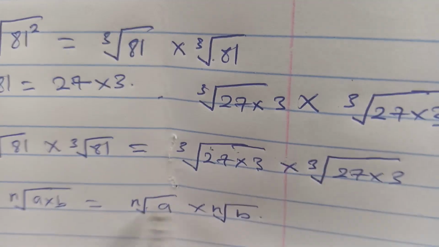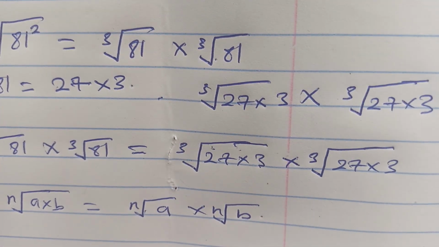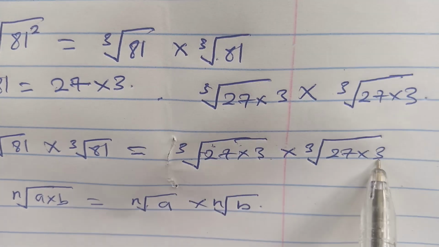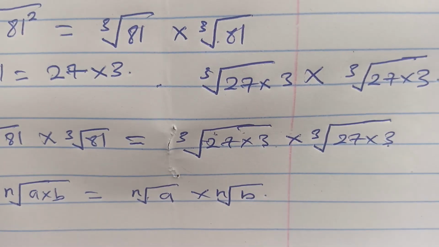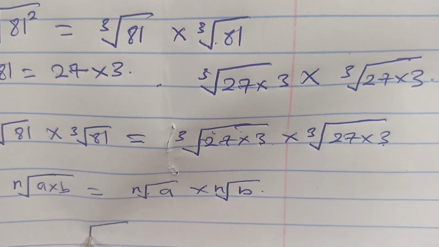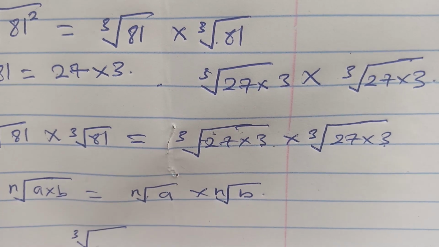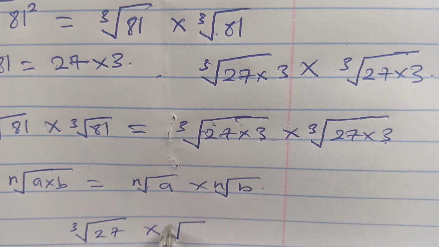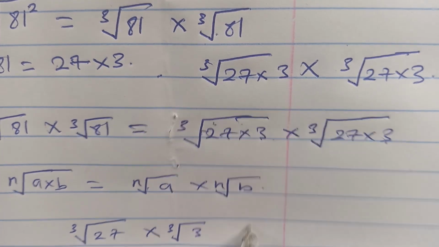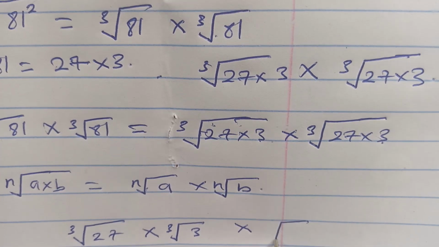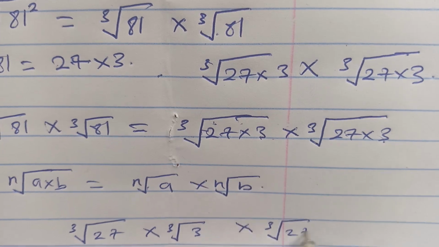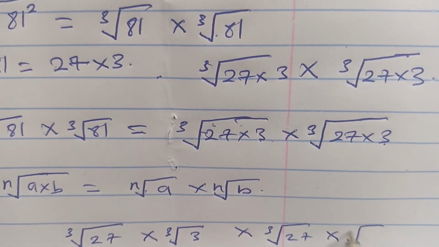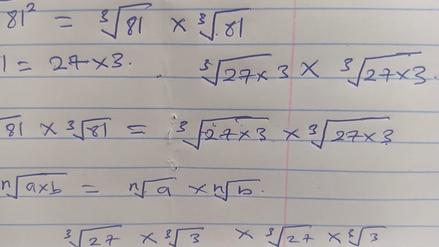If we apply this principle here and here, we have the cube root of 27 times the cube root of 3 times the cube root of 27 times the cube root of 3.